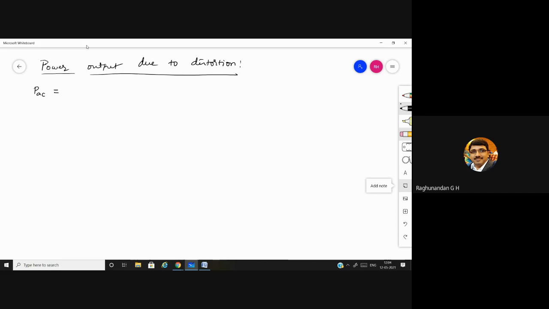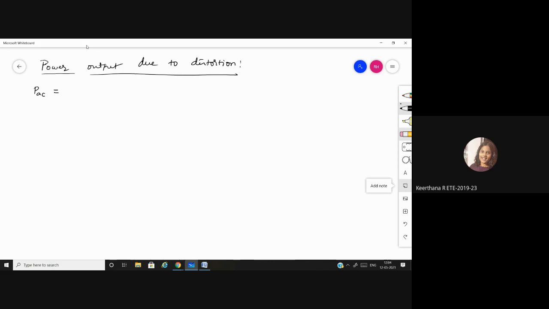The final formula we have in terms of current and resistance. What is the AC power equation in terms of current and resistance?